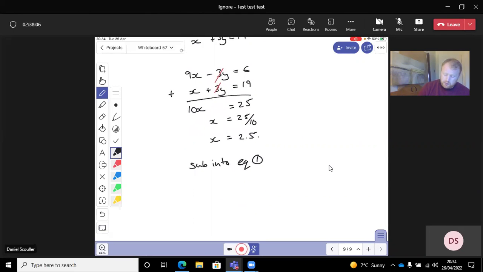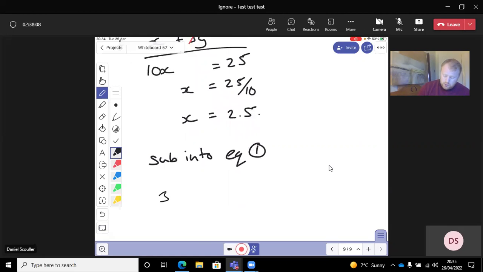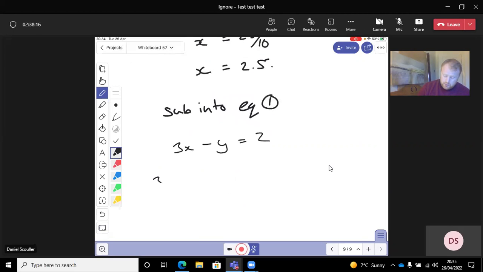Yeah, sub it into the first equation. Alright, so the first equation was 3x minus y equals 2. So when x is equal to 2.5, 3 times 2.5 minus y equals 2, 7.5 minus y is equal to 2.